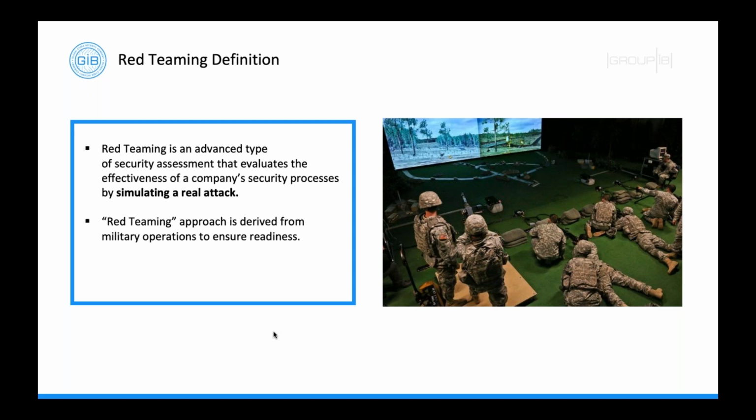I would say in the purest sense, it's a very specialized simulation of a real attack from actors that you might see targeting your bank or e-commerce company on a daily or once in a lifetime basis. But it's a test of your true position in your security posture from an advanced actor. The red teaming approach is derived from, of course, military operations to ensure readiness of an organization to defend against an attack.